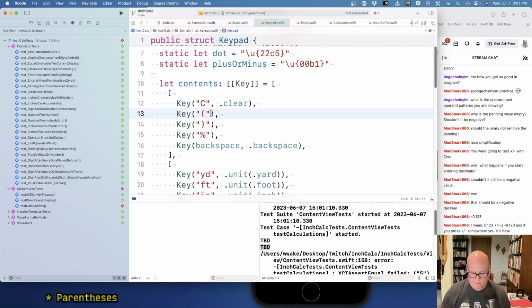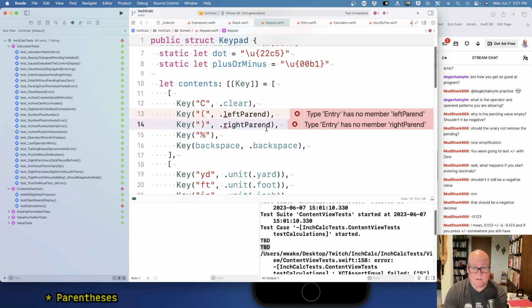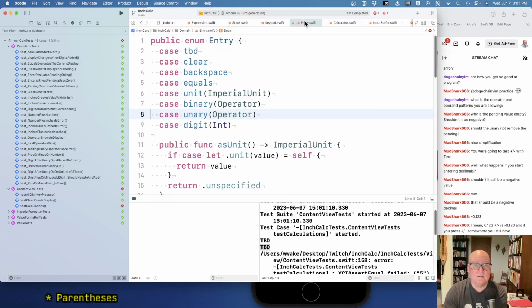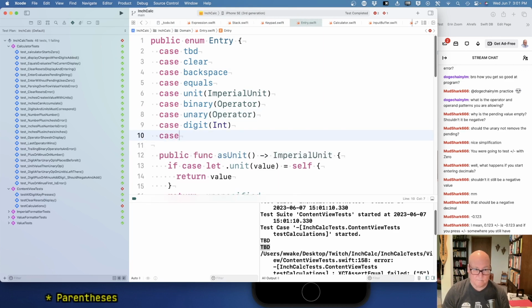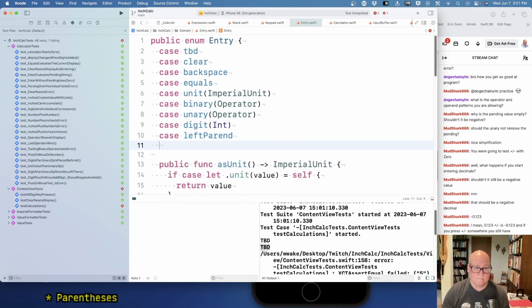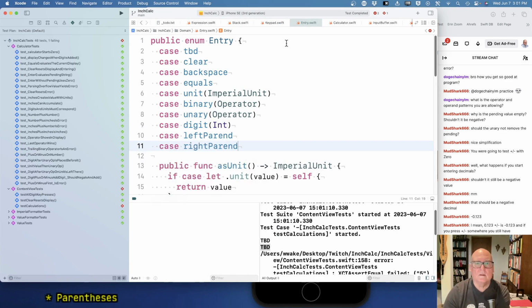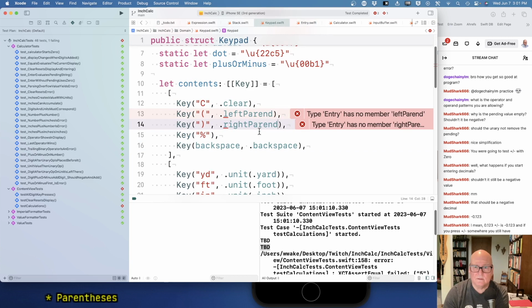Well, left paren and right paren get treated differently, so I'm going to treat them differently. Left parens get pushed on the stack, right parens consume them. So entry. All right, and they have nothing to them.